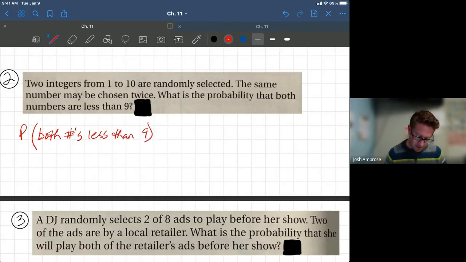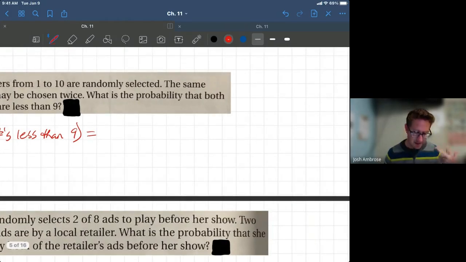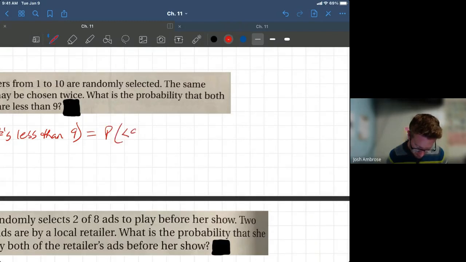Now here's what this looks like, because you have 2 probabilities that are actually occurring here, because you are selecting 2 numbers. So we have the probability of a number less than 9 times the probability of a number less than 9.